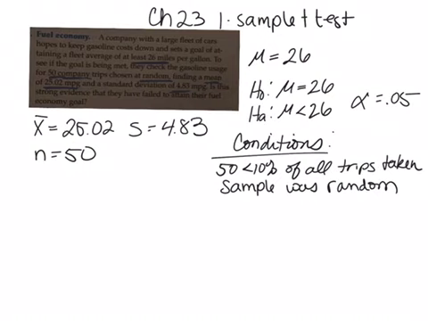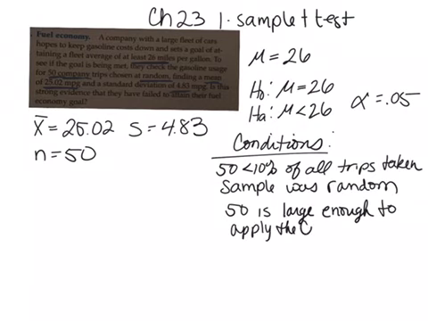And then we don't have the data, so we can't look at a histogram, but we can say that 50 is large enough to apply the central limit theorem. And that number is 30.